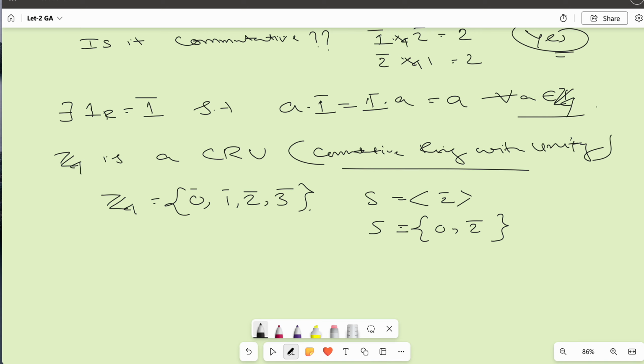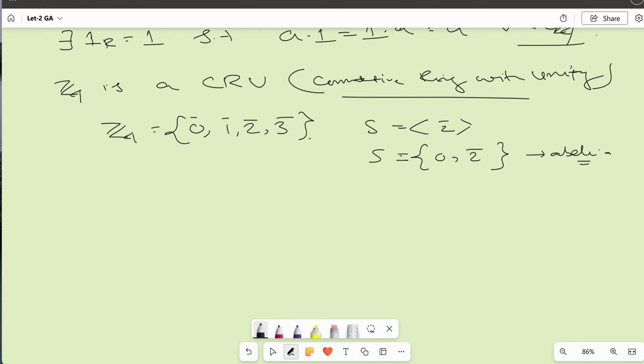So this is abelian because Z4 is abelian. So in fact this S will form a subring of Z4. S is a subring of Z4, right?